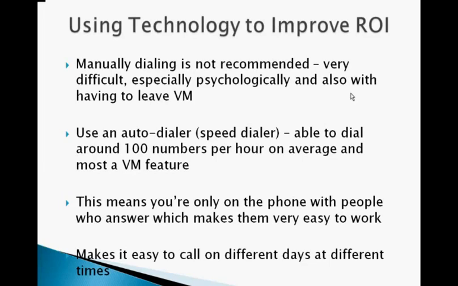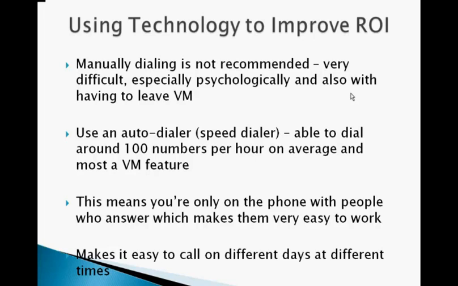Another tip here, and this is a reason I've seen a lot of agents fail with age leads, is that they're not taking advantage of technology. This is very, very important to work age leads correctly. You're not going to do that well manually dialing.